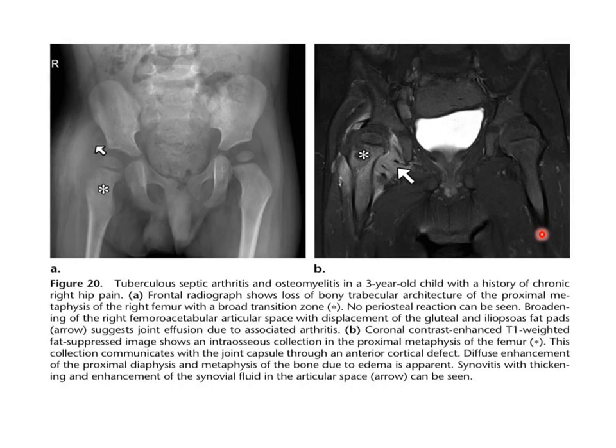There is also tuberculous osteomyelitis involving the bone, which occurs more in children, and as we see, there will be edema and intraosseous abscess formation with cortical defect involving the capsule, and as we see here, there's a cortical defect.